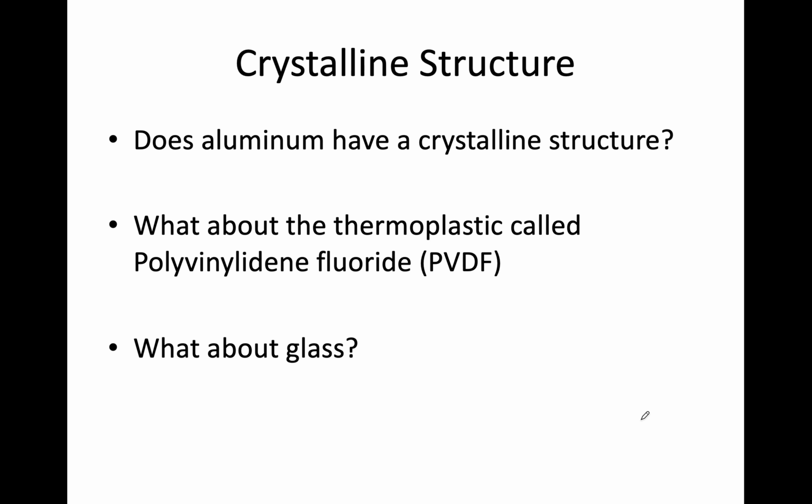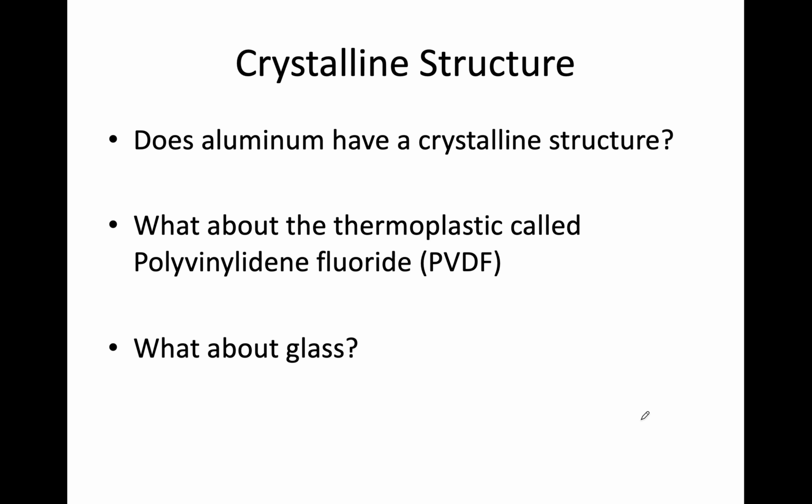Okay, so sometimes when we talk about crystal structures, a lot of students have this idea of quartz crystals or geodes and this sort of geological crystal that we're maybe familiar with, or maybe the crystals that you see people wear as necklaces. While those are crystals, aluminum has a crystalline structure too.